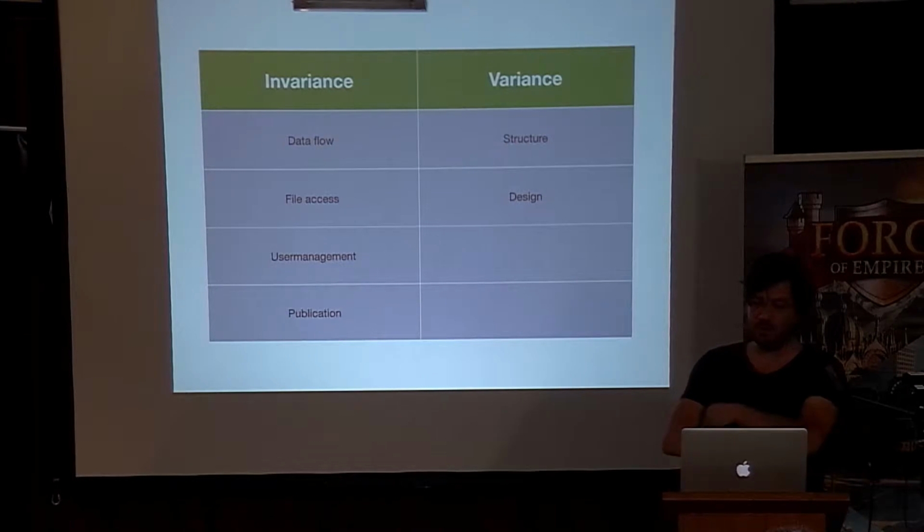So we came up with a scheme where we found the invariance and the variance. The variance is the things that may differ over the projects, and the invariance are the things that always are the same. So data flow, of course the data may differ.